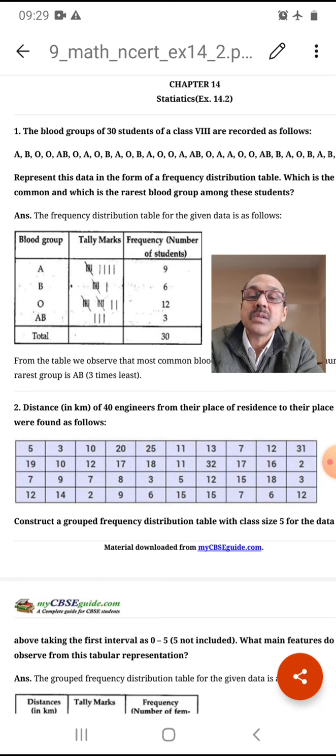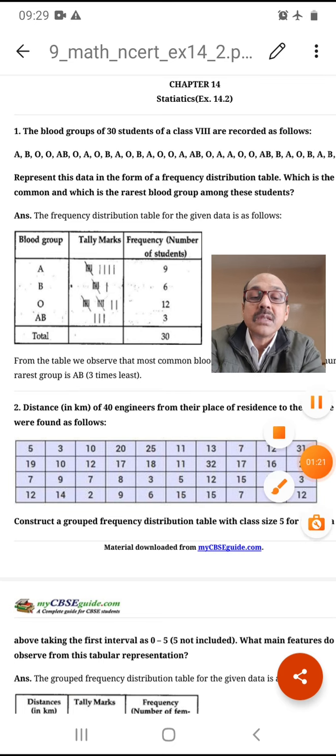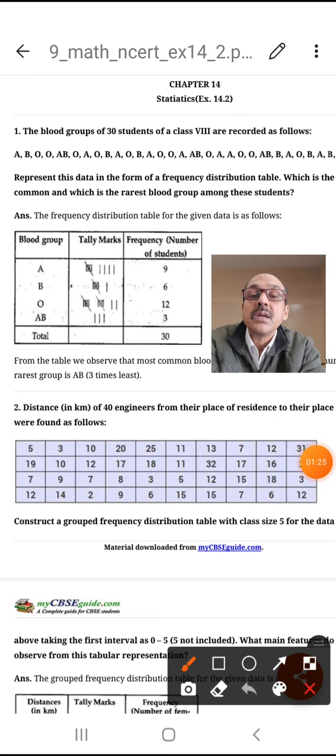So, to make a frequency distribution table, first you write here: first column is blood group, then tally marks, then frequency or number of students.